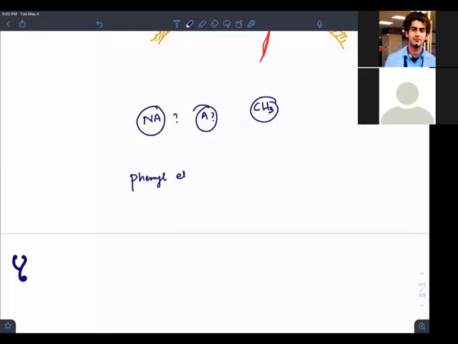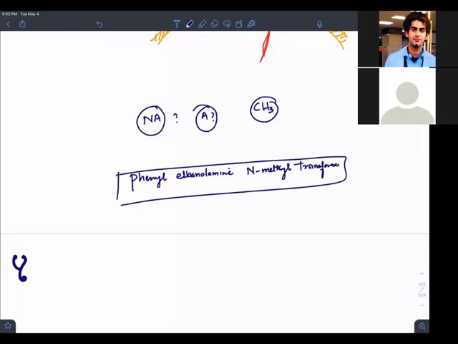So this enzyme is making the adrenal medulla the hero. Adrenal medulla is the hero. Why hero? Because it has this enzyme.